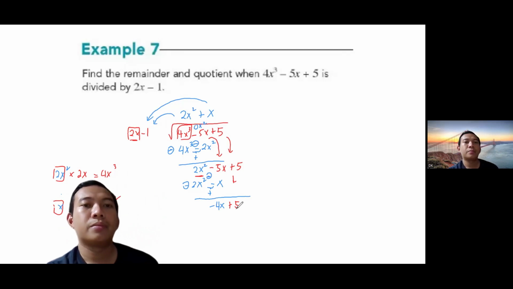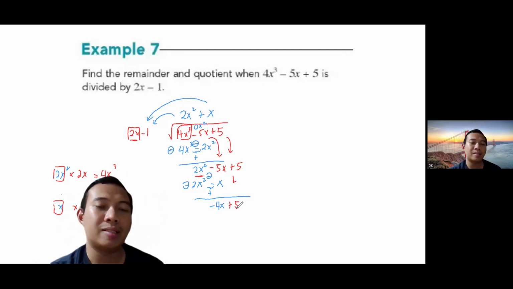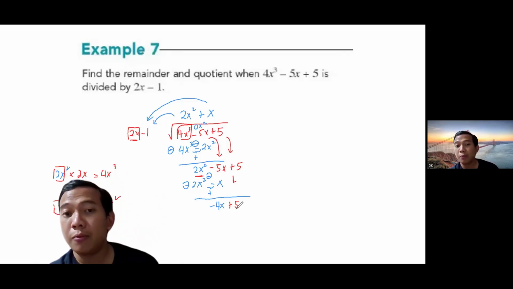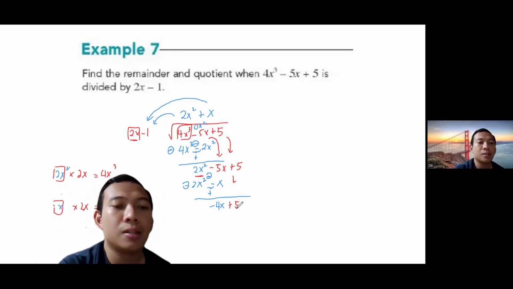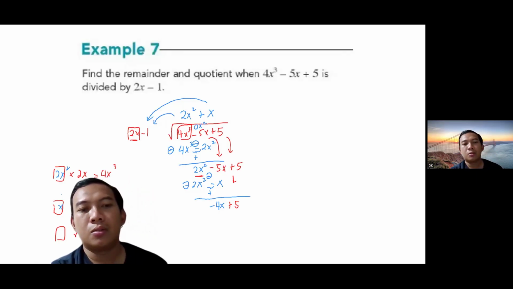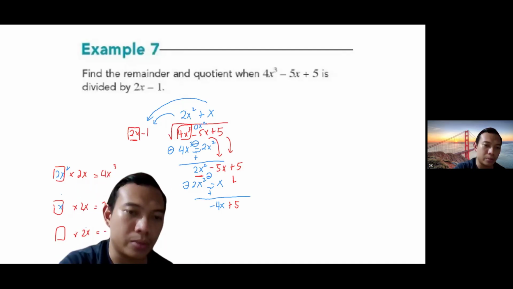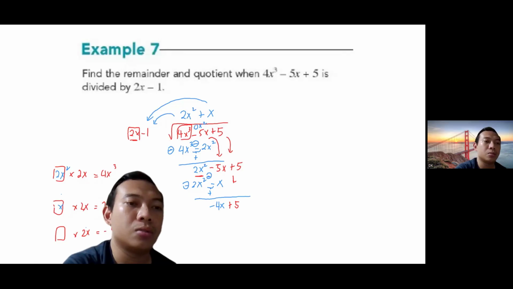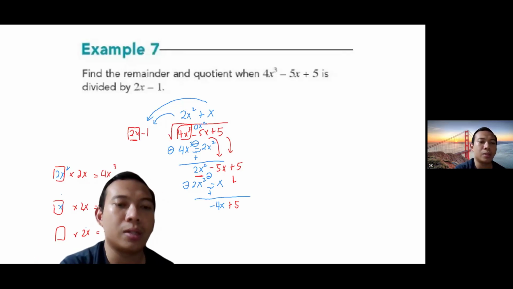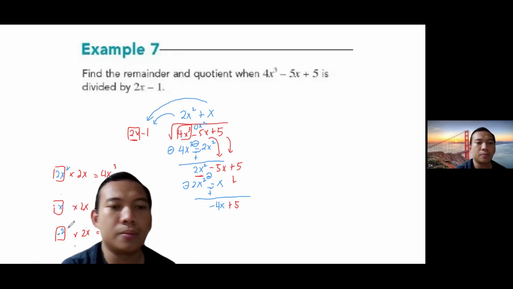Last but not least, is there any number times 2x that becomes minus 4x? Yes, we still can do something. We can eliminate the minus 4x. We want minus 4x, times 2x to get minus 4x, so there's only one way. What times 2x becomes minus 4x? It's minus 2.